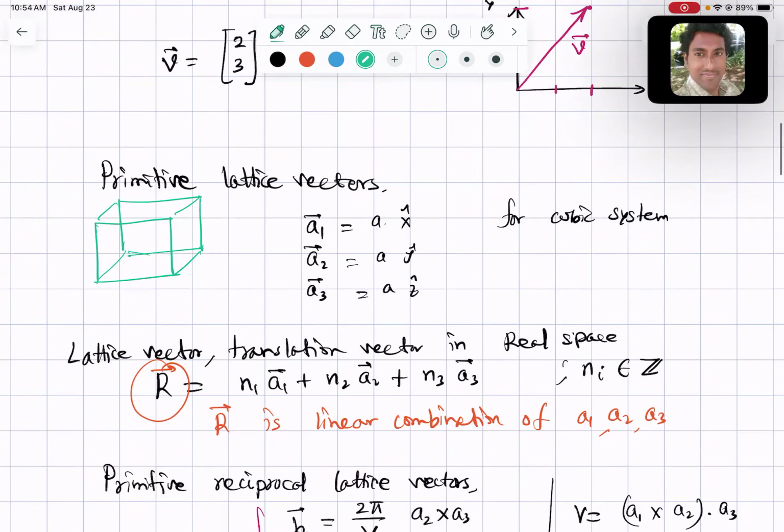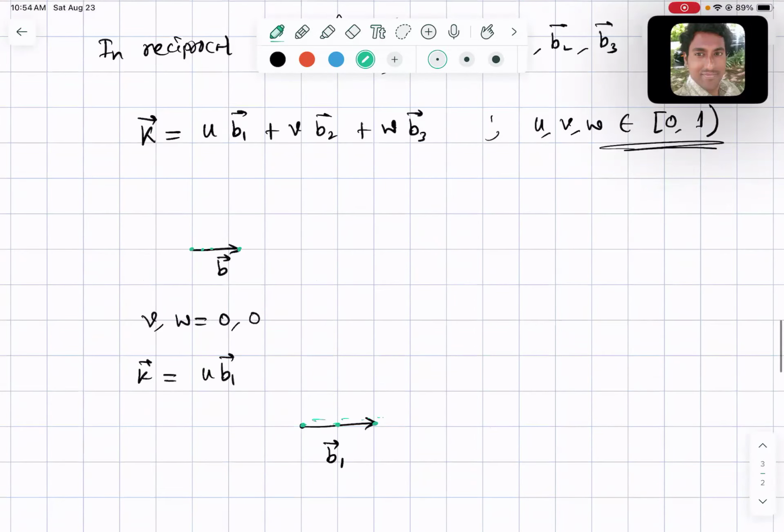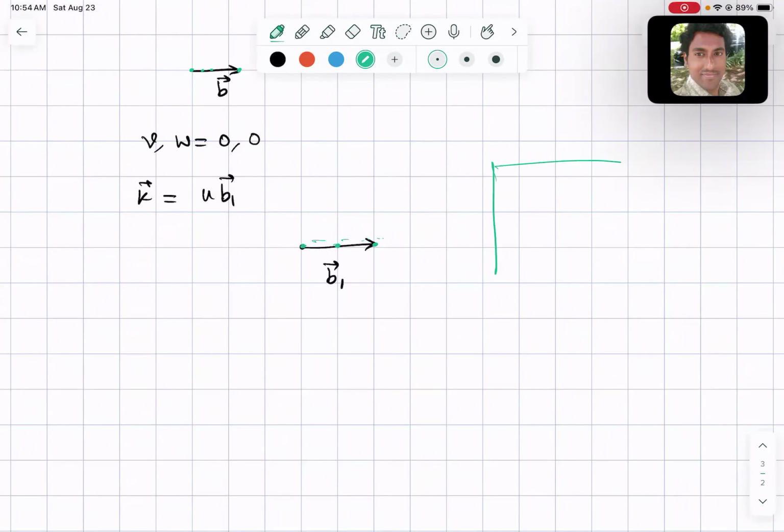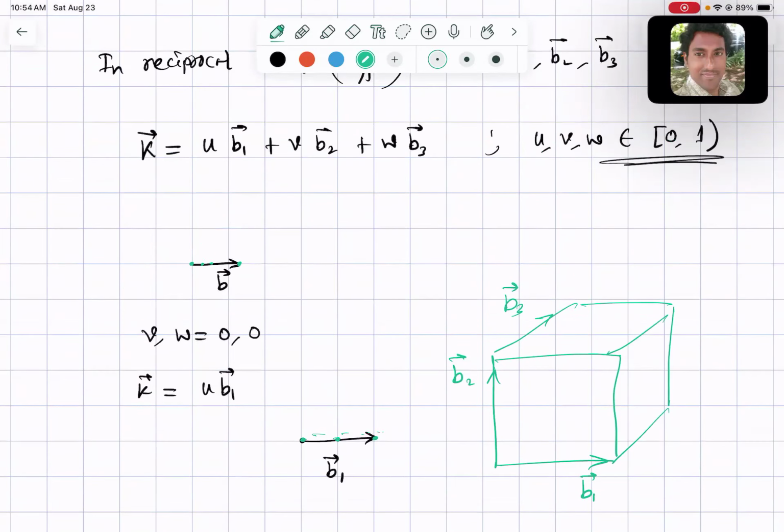In reciprocal space there is a reciprocal unit cell, where for example say this is also a cube but their lengths are b1, b2, and b3. With this k vector we can move around inside this unit cell in reciprocal space. We cannot go outside this, meaning we are always inside the first Brillouin zone.